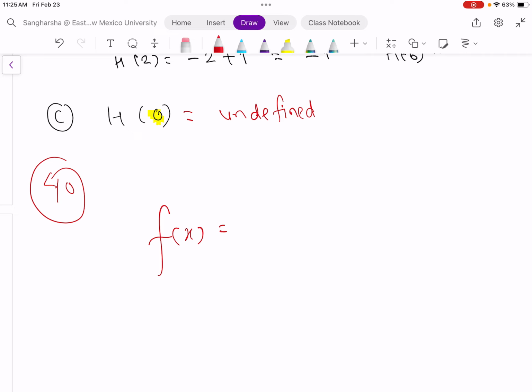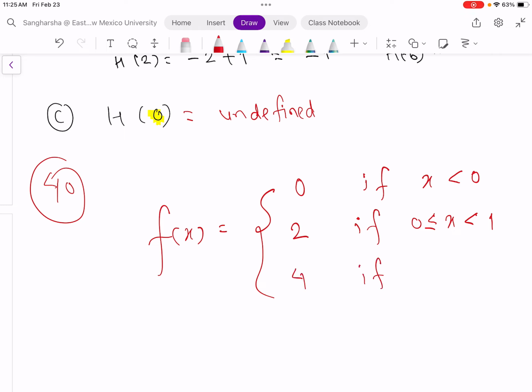f of x equals 0 if x is less than 0, f of x is 2 if x is greater than or equal to 0 and less than 1, and f of x is 4 if x is greater than or equal to 1.